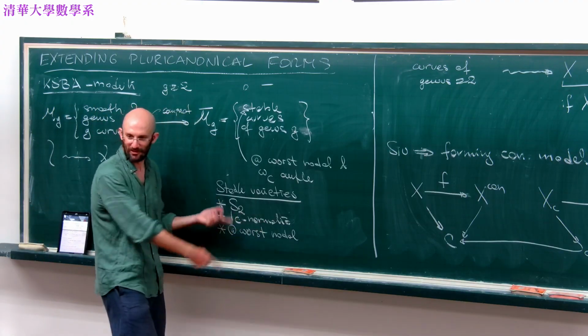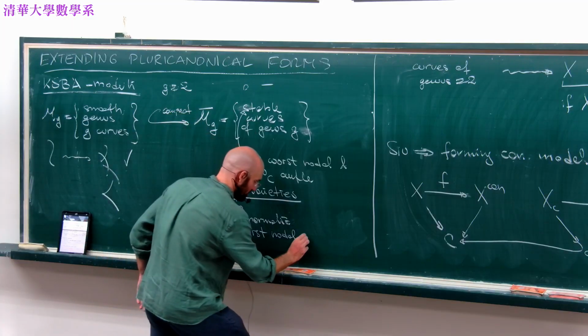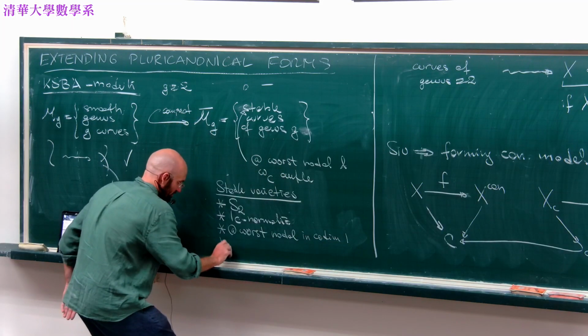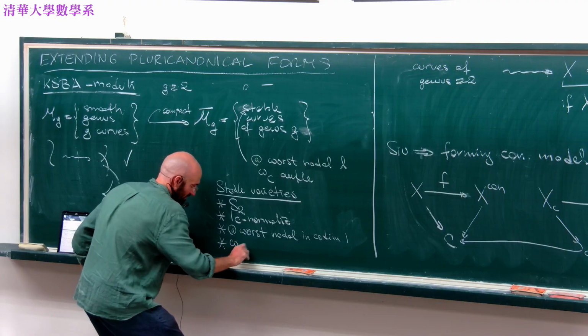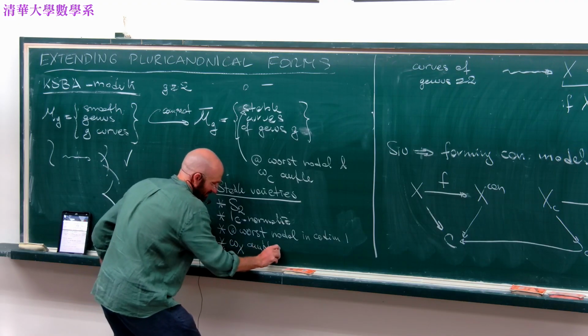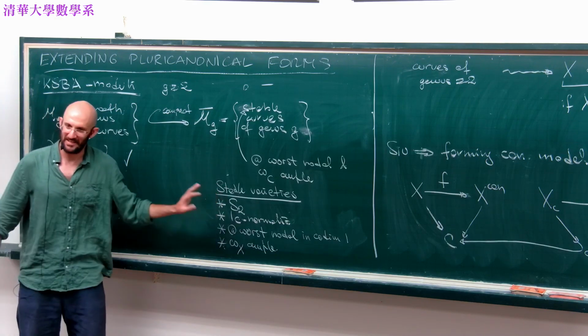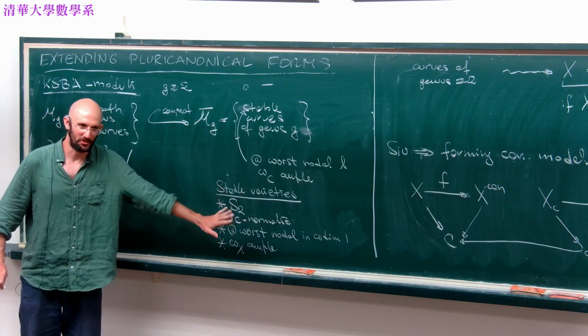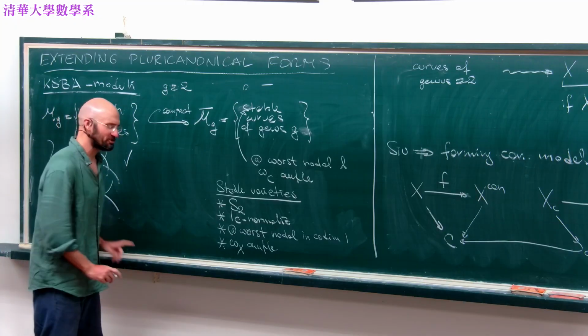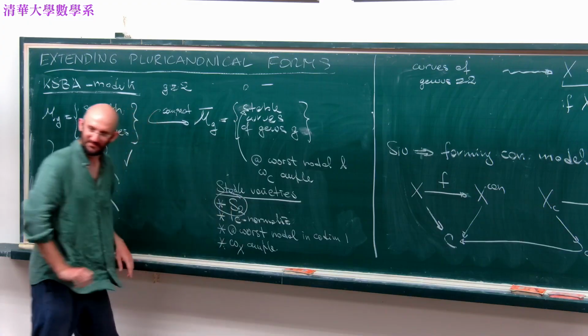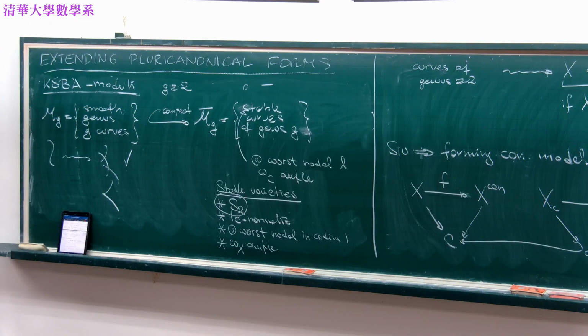It's equivalent to asking that it is nodal in codimension 1. And again, you want omega to be ample. Yes, so this is some fairly technical condition. For the purpose of this talk, the key thing that you want to remember is this: S2. They need to be S2.